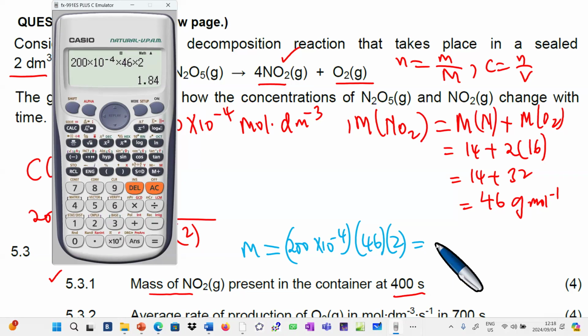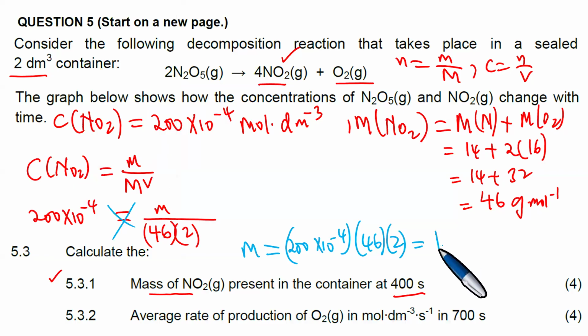So we have 1.84 grams. And this is the mass of NO2 present in the container at 400 seconds, right?